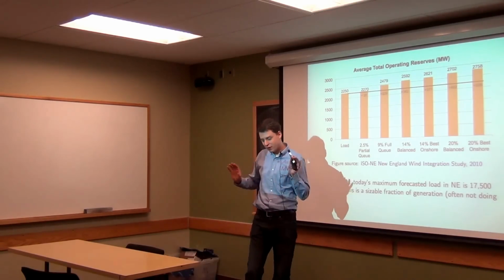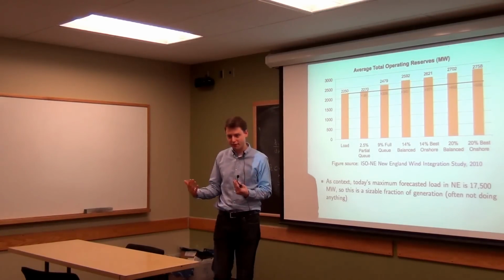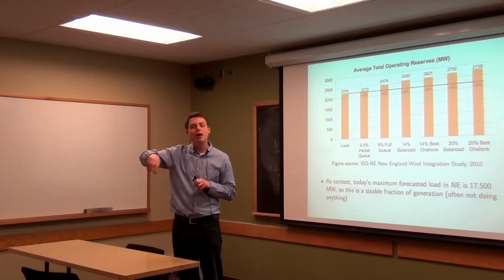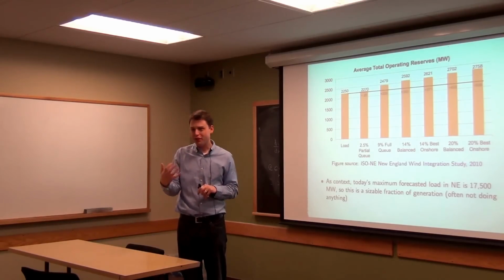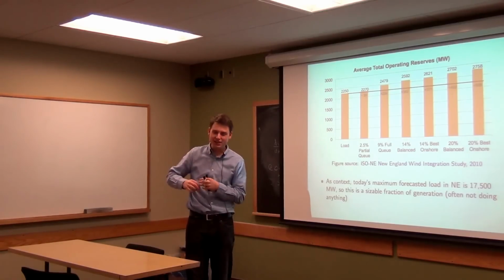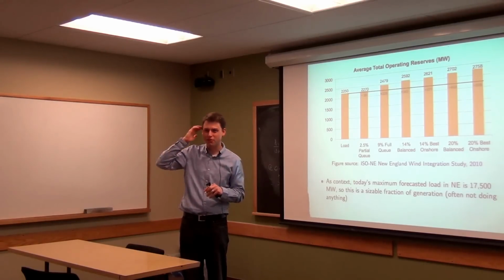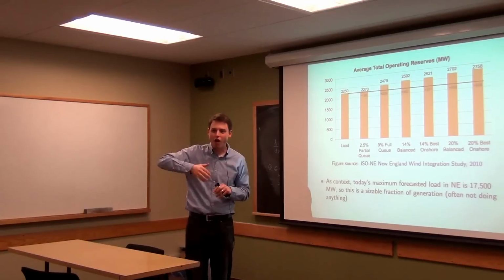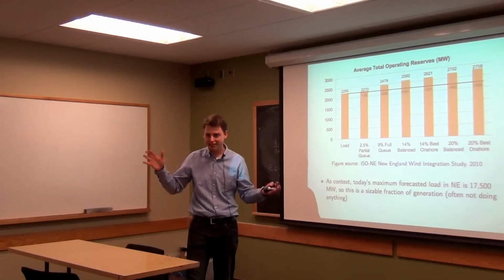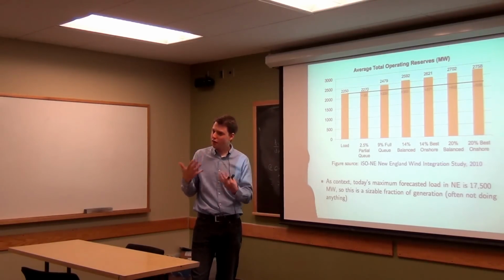But if you add lots of wind in different places around the state, you might benefit a little bit from the fact that if it's not blowing here, maybe it's blowing somewhere else. Unfortunately, you can't exploit that fully, because lots of times the wind actually is very correlated, right? If it's a windy day in Boston, it's probably also a windy day in New Hampshire. So there are extents to which you can get around this by scale of deployment, but it's all very complex to do.